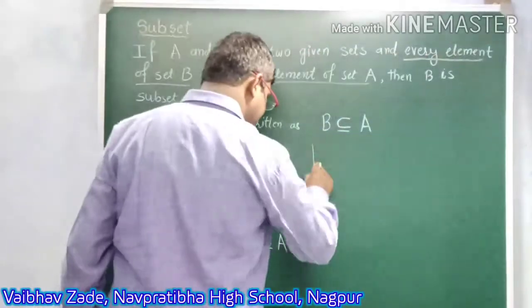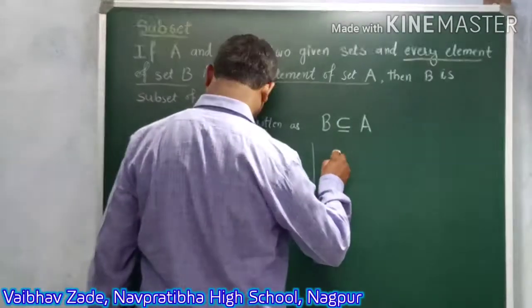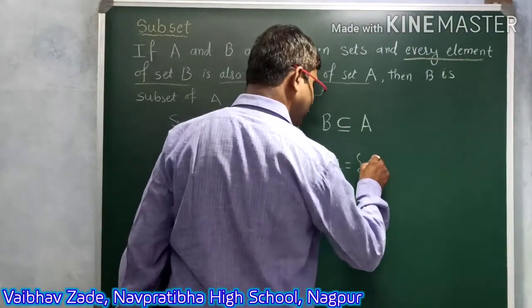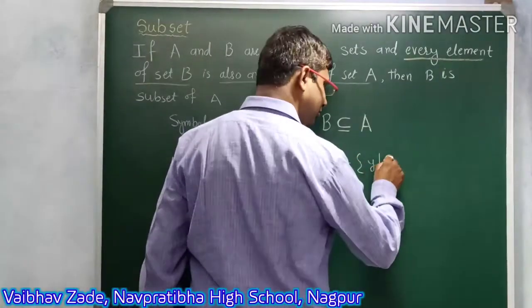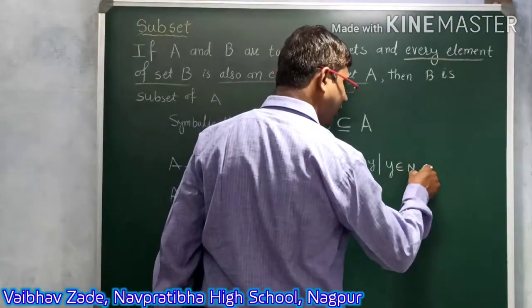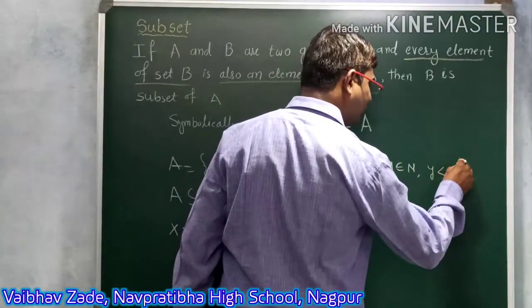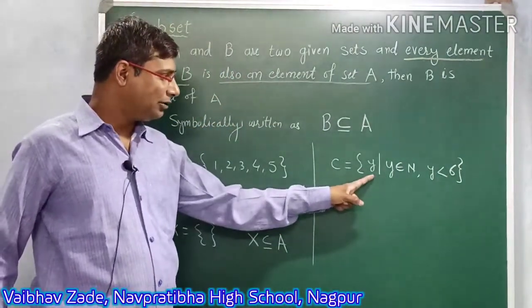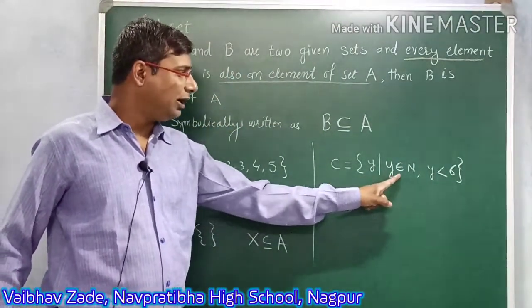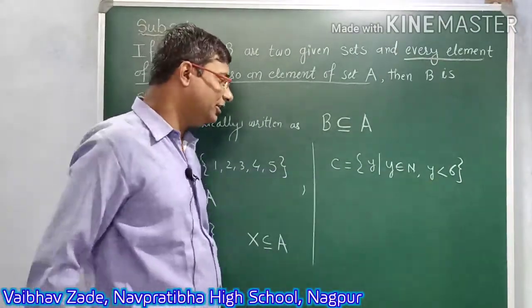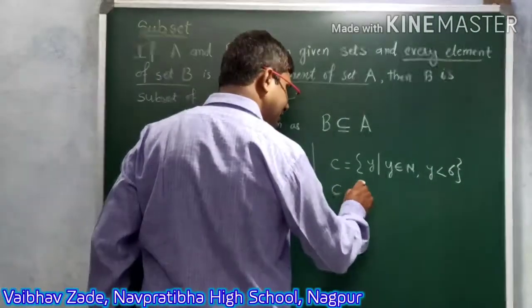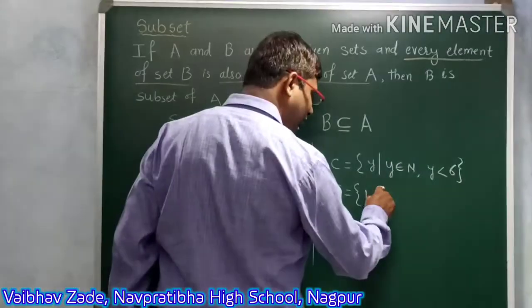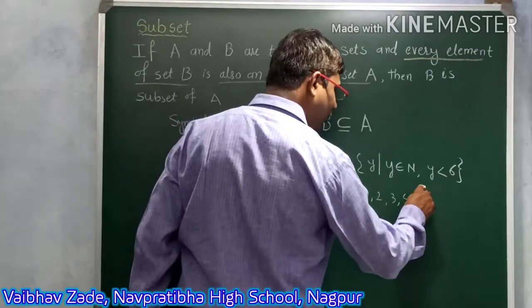Now I take another example also. C equals the set of all Y such that Y belongs to N and Y is less than 6. It means what are the elements? Y is a natural number less than 6. What are the natural numbers? 1, 2, 3, 4, 5.